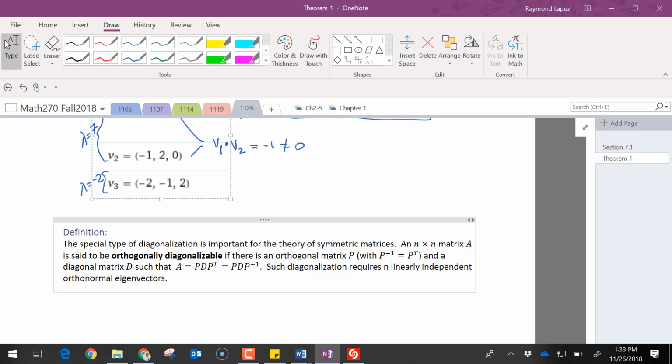Two of them are not orthogonal, however you want to say that between the three vectors. So if we can construct three orthogonal vectors and normalize them so that they're unit length, and then assign that to be our P matrix, then this matrix is actually orthogonally diagonalizable. So let's see if that will work.